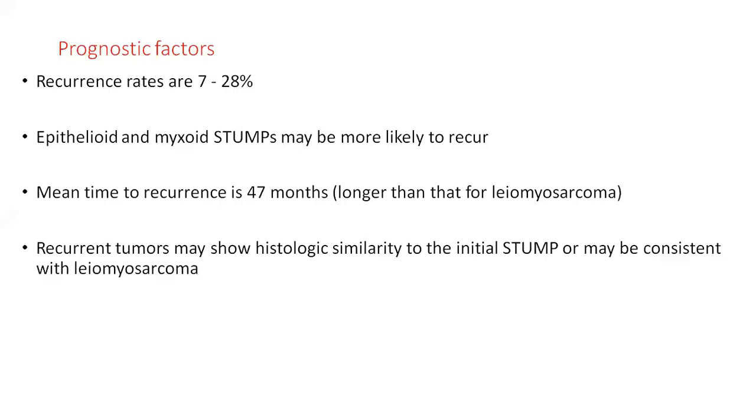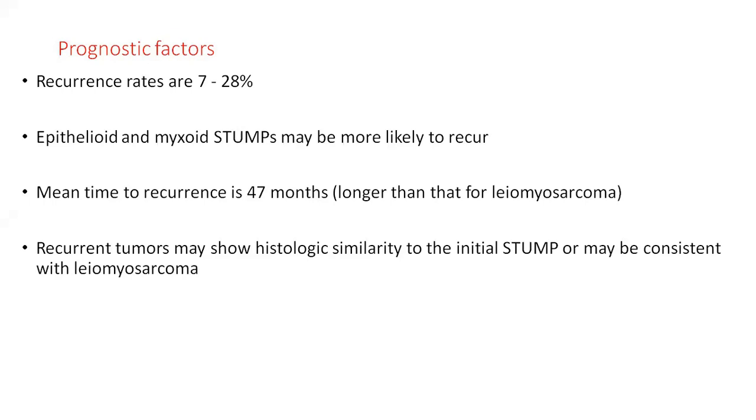So, in terms of prognostic factors, why it is necessary to pay attention to those three diagnostic features is that if we label any case as a STUMP, there are chances there will be a recurrence. So, in terms of recurrence, epithelioid and myxoid STUMP are more likely to recur compared to the spindle variety, and their mean time of recurrence is 47 months.